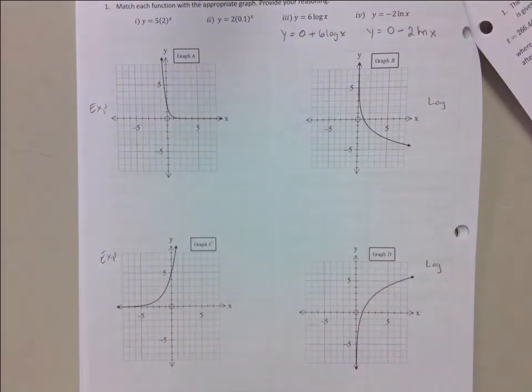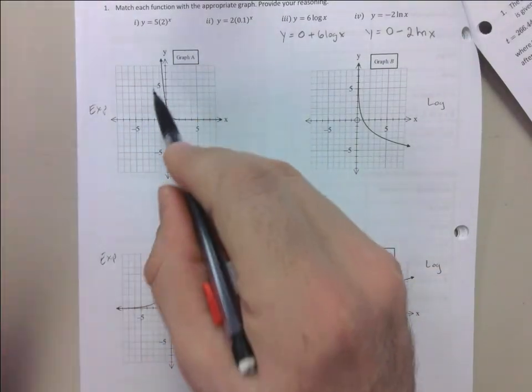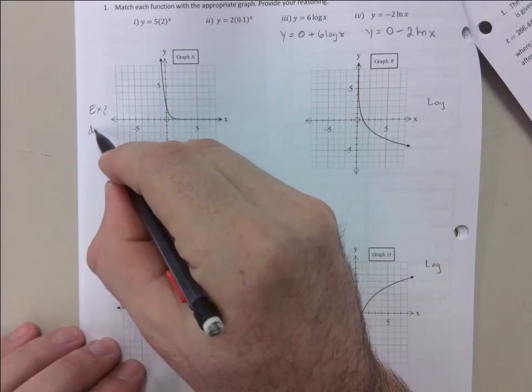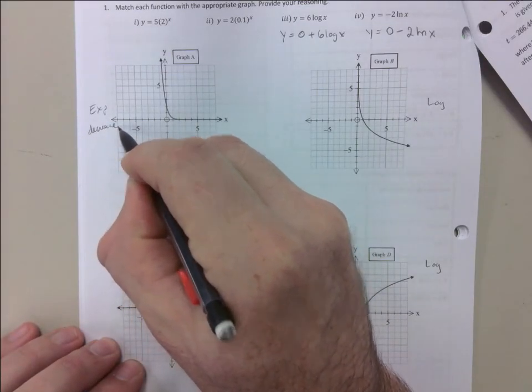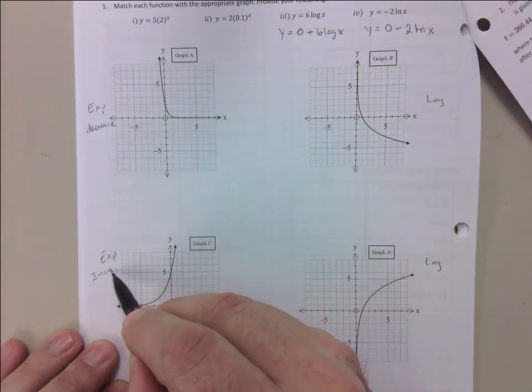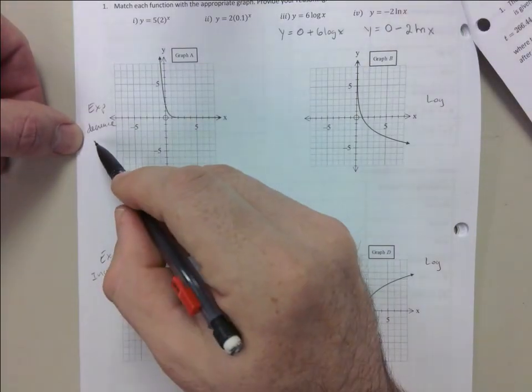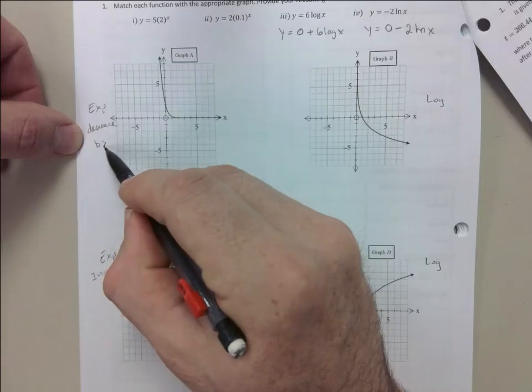So that's kind of like a bird's eye view. Right away you get to figure that out. And then maybe over here, I will focus on left to right. This is decreasing. And this one from left to right is increasing. And what does that tell me? For here, b has to be greater than 1.